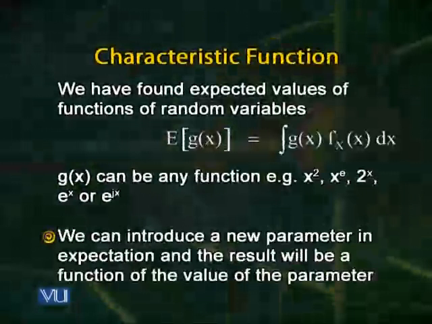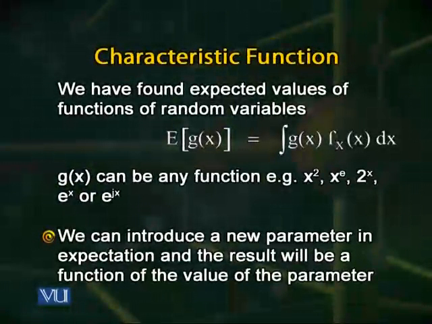So when you use that parameter in the evaluation and you evaluate the integral by putting that function of two parameters, putting the PDF and taking the integral, the parameter is going to survive. The resulting expression will be a function of the new parameter that you introduce. So here the expected value of this function of two variables x and a new parameter will be a function of the parameter. And this is how we use characteristic function.